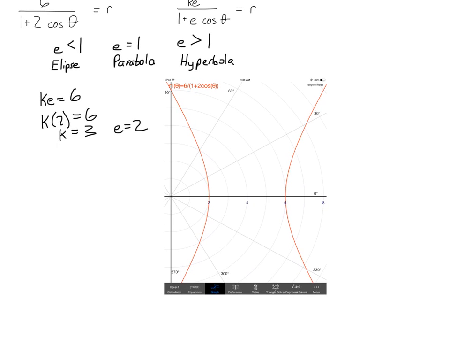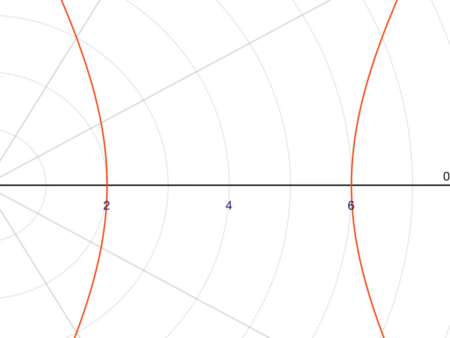Okay, so we see that the distance between these vertices is 4. So the center is right here at 4, and the distance from here to here, and here to here, that's a, and a equals 2.